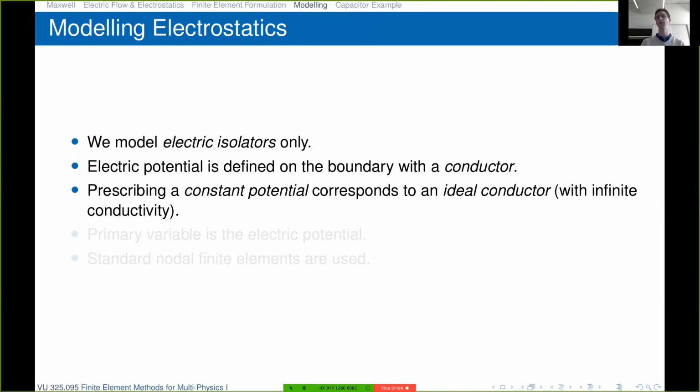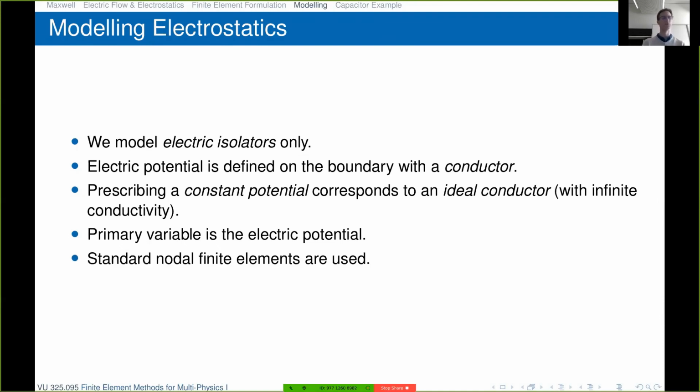This is usually a very good assumption, since when we consider isolators, any conductor has in relation a very high, so almost infinite conductivity. What we also have to remember is our primary variable is the electric potential, and we can use standard nodal finite elements as we could use for heat conduction.